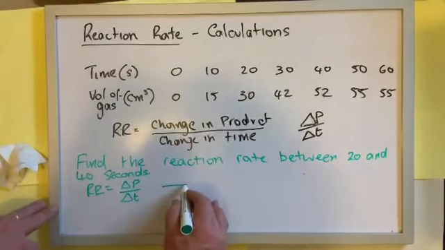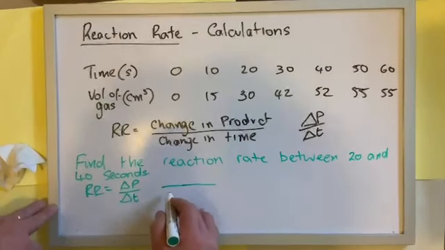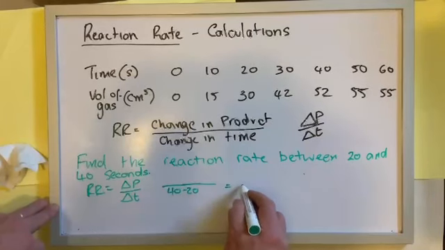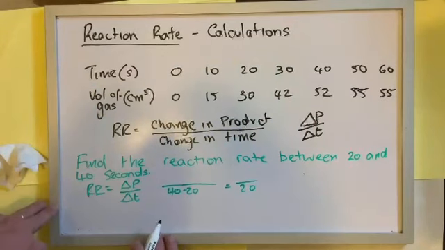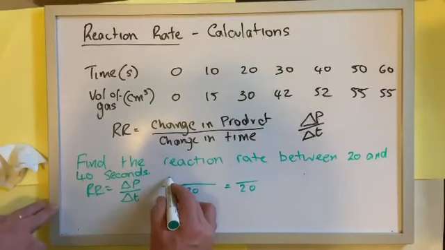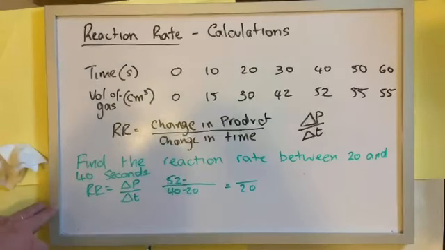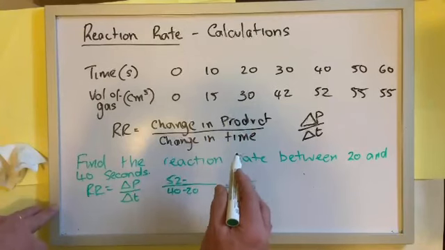We would then put in what our change is. The change in time would be 40 seconds minus 20 seconds, which is going to equal 20. The change in product would be what we've made at 40, which in this case is 52, minus what we've made at 20, in this case 30.